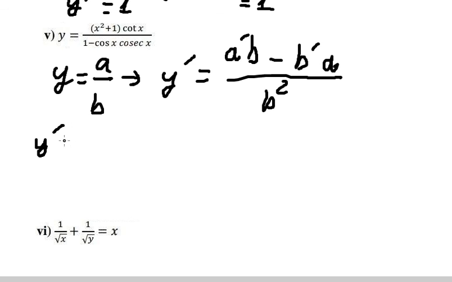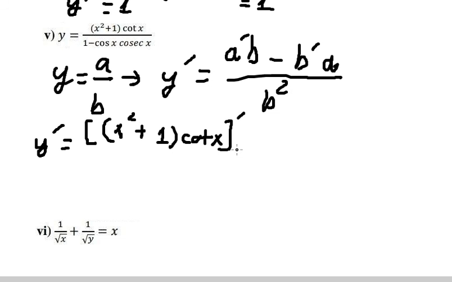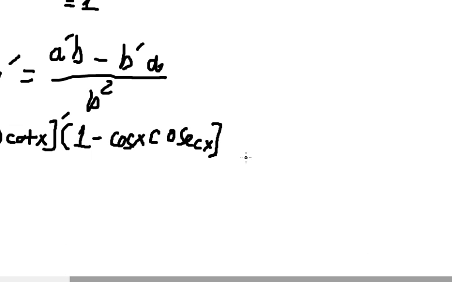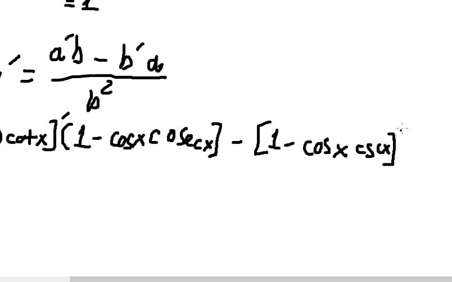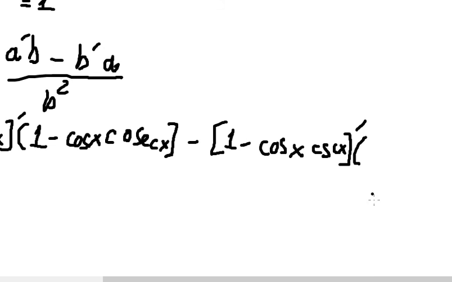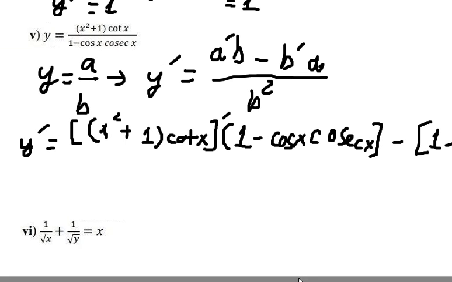So about this one, we do the first derivative of a, minus, we do the first derivative of 1 minus cosine s cosecant of s, multiplied by s squared plus 1.